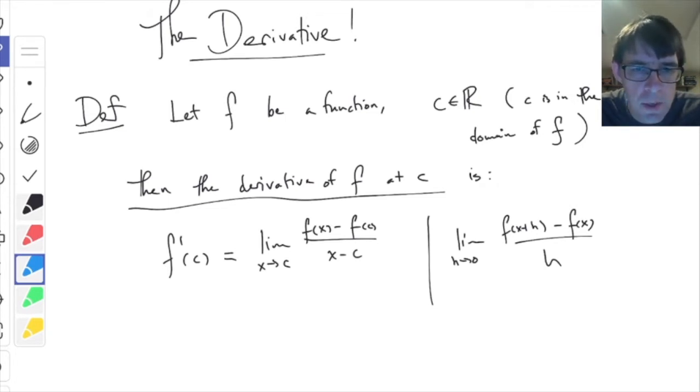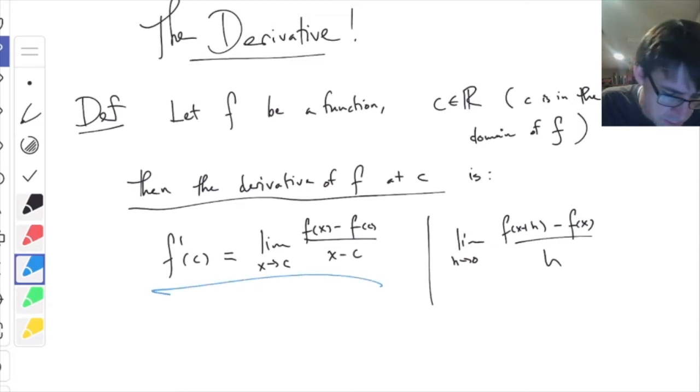But the one on the left is a little harder to use if you're doing examples over and over again, and you have to do weird simplifying, which calculus students don't like. For us, it's not really going to matter, and the one on the left is a little more convenient for the kinds of stuff that we're going to do. So this is the definition of the derivative of f at c.